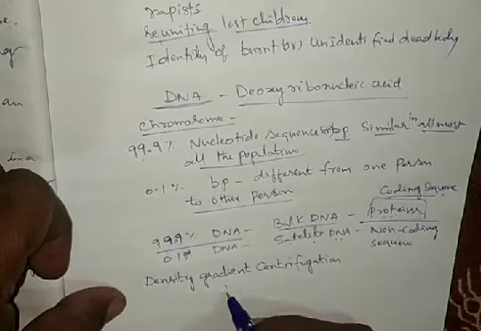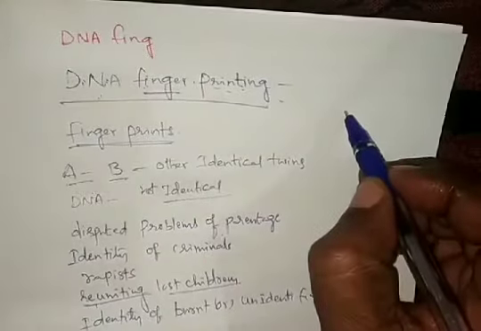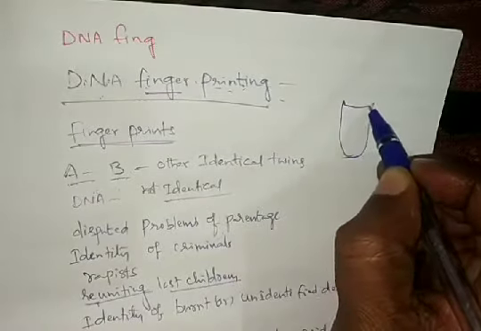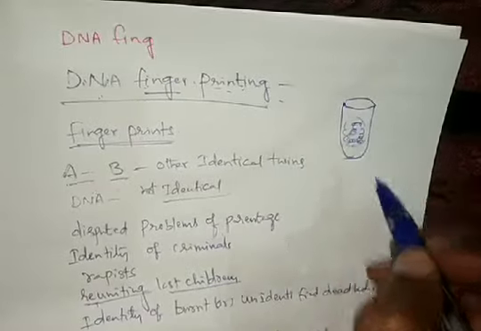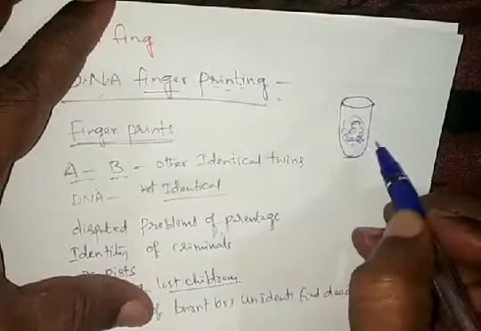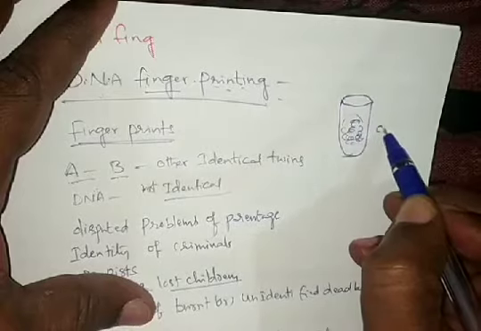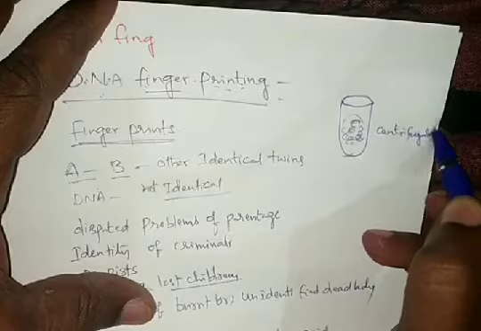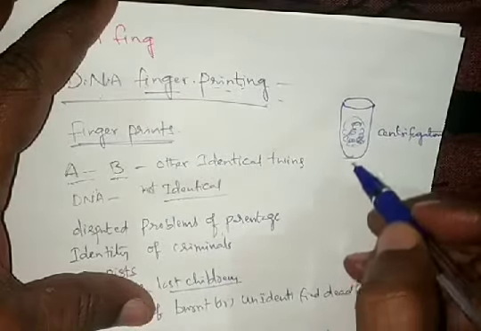Suppose we take the DNA in a test tube. When this test tube is rotated in the centrifuge, based on the gradient, the DNA can be separated.